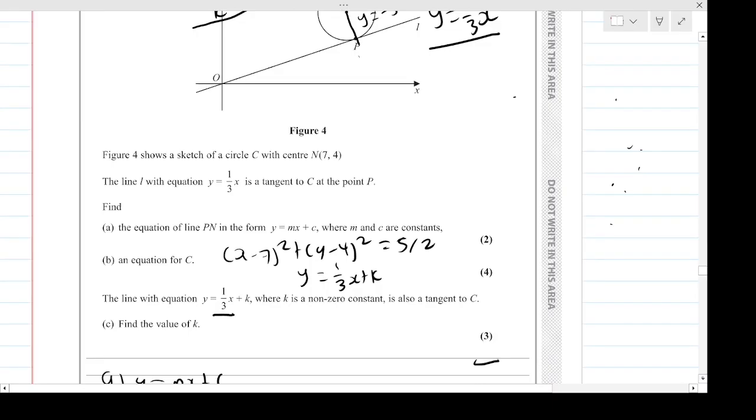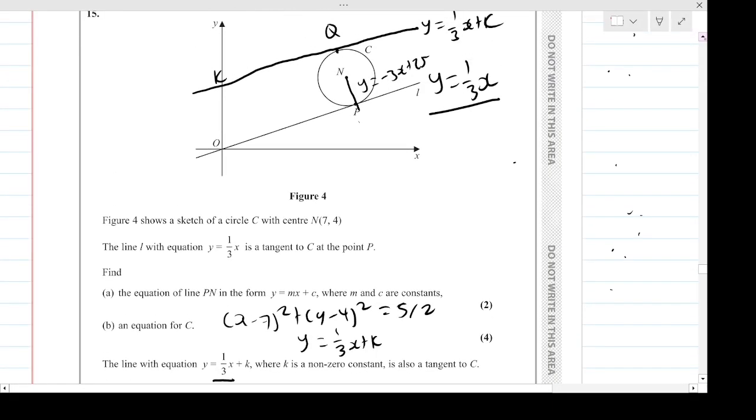What you could instead spot is, because again the gradients are the same, it's still going to be perpendicular to the exact same radius. So if I just continue the radius on, P to N, now actually P to Q, it'll still be perpendicular.